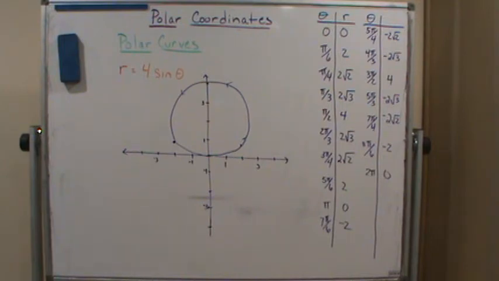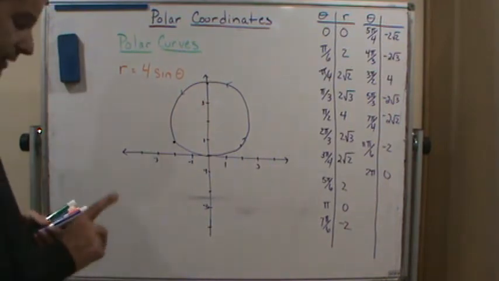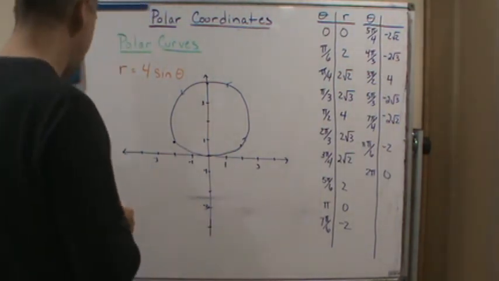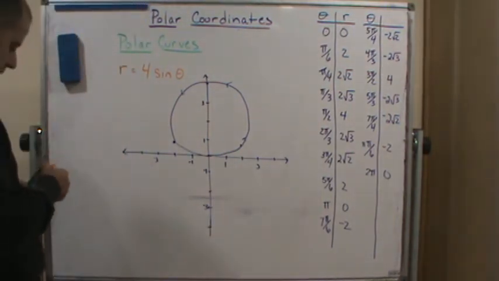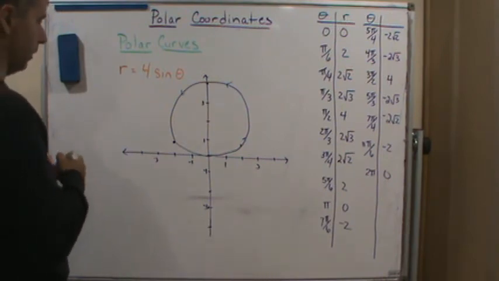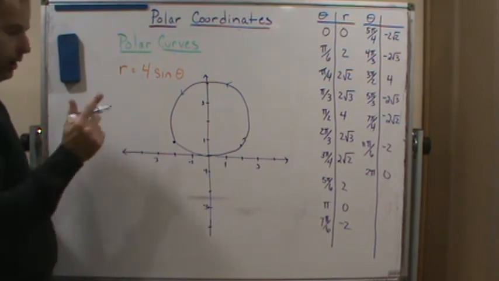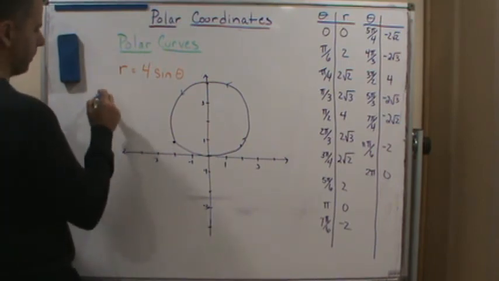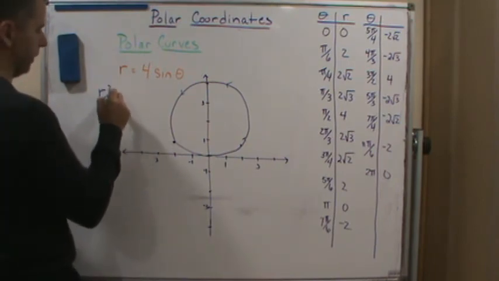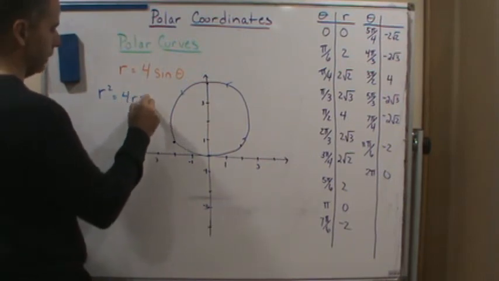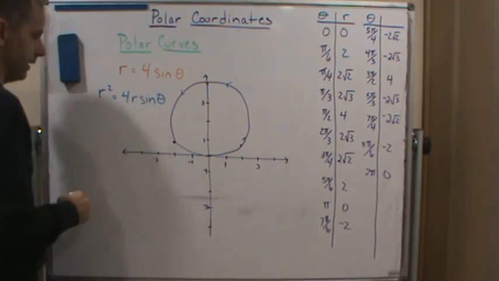Okay, so let's do this. First of all, and again, this is the part you may not see, I'm going to multiply both sides by r. So if I multiply both sides by r, I get r squared equals 4r sine theta.